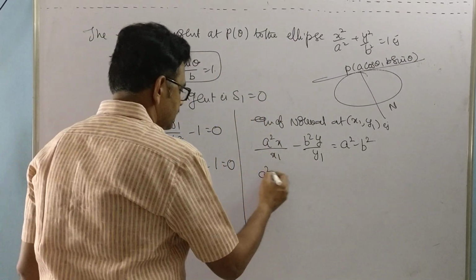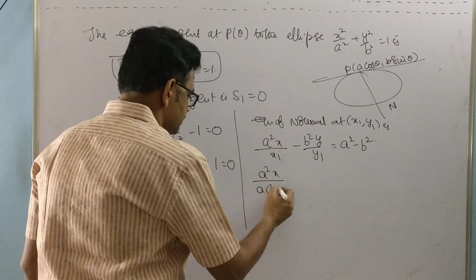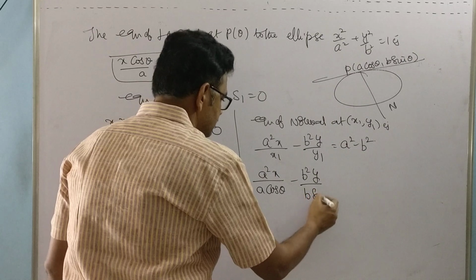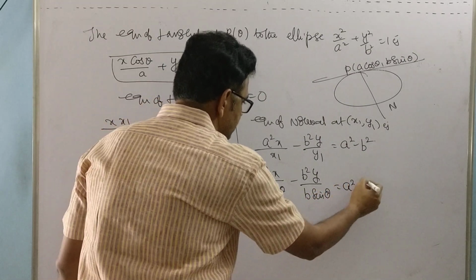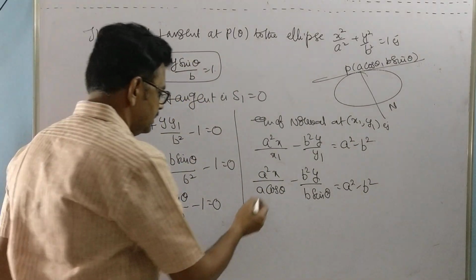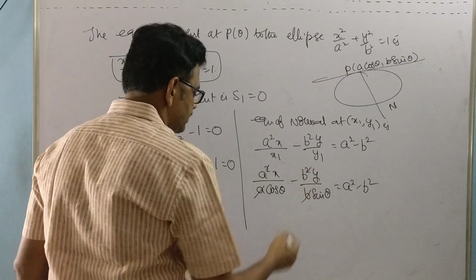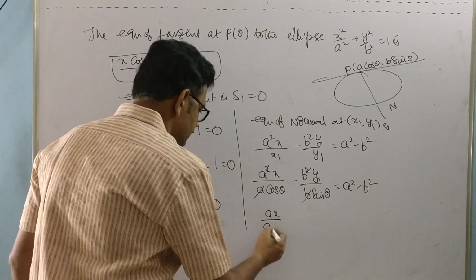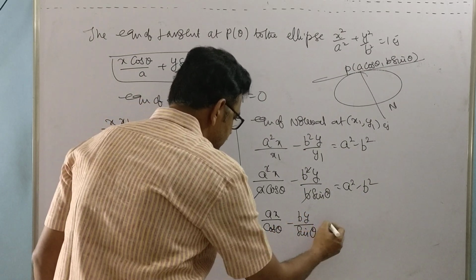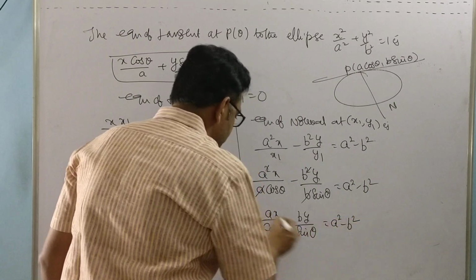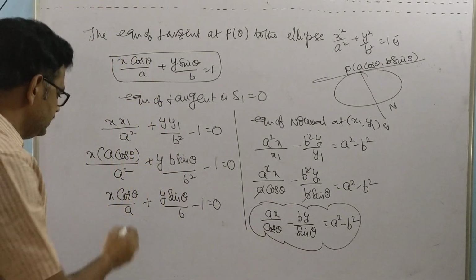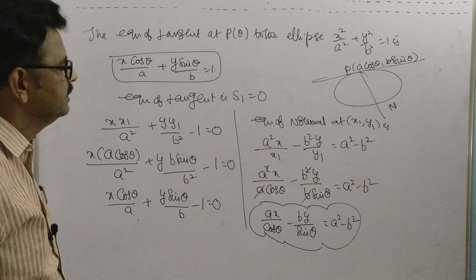So a square x by a cos theta minus b square y by b sin theta is equal to a square minus b square. Now here one a gets cancelled, one b cancelled. So this is ax by cos theta minus by by sin theta is equal to a square minus b square. So this is the equation of normal, and this is the equation of tangent at the point P theta.